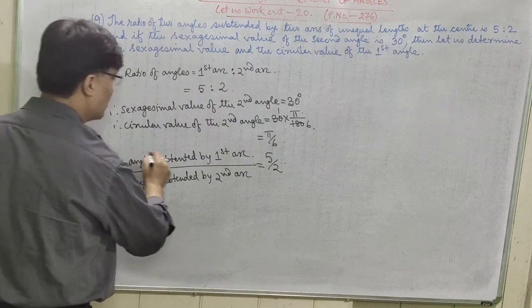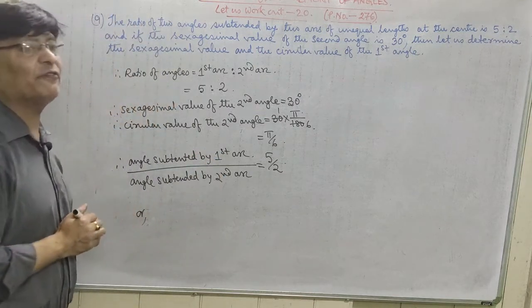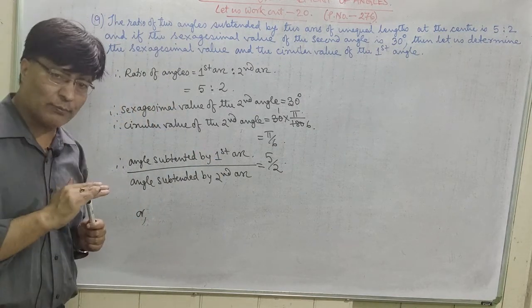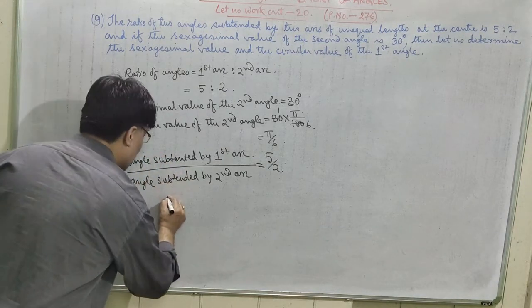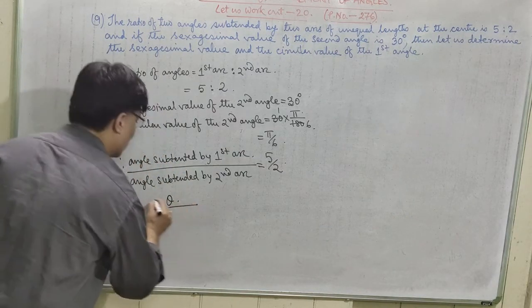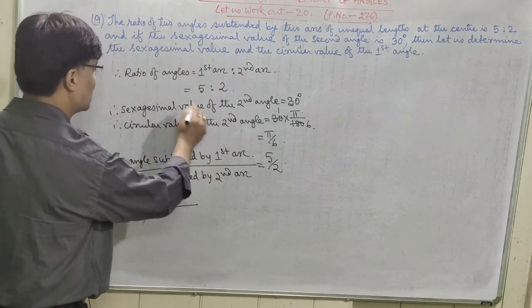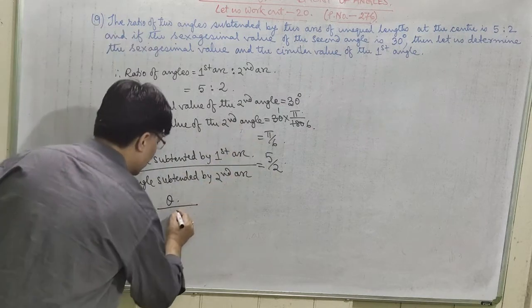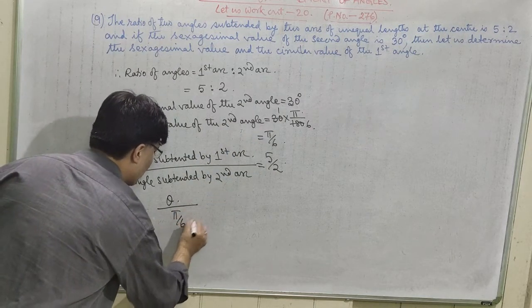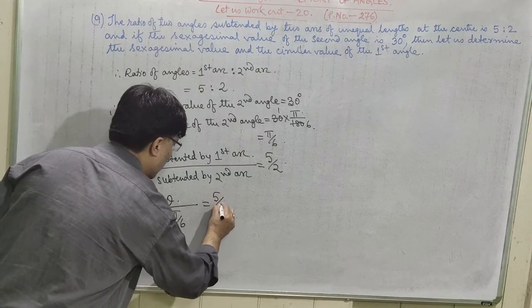Now we have to find out the angle subtended by the first arc, both in circular measure and in terms of sexagesimal value. So let us assume it as theta divided by the angle subtended by the second arc, which in terms of radian is pi by 6, which is equal to 5 by 2.